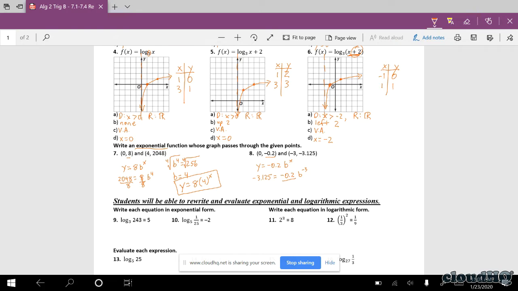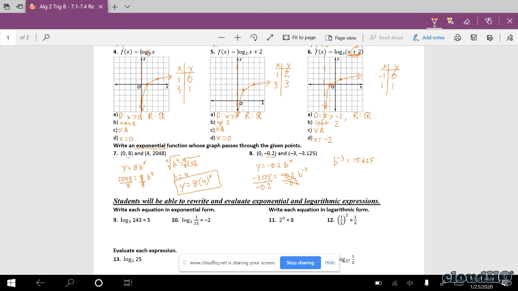So let's divide by -0.2. Let's see, 15.625. To solve that, because it's a negative in there, I might approach this a little bit differently than I normally would.